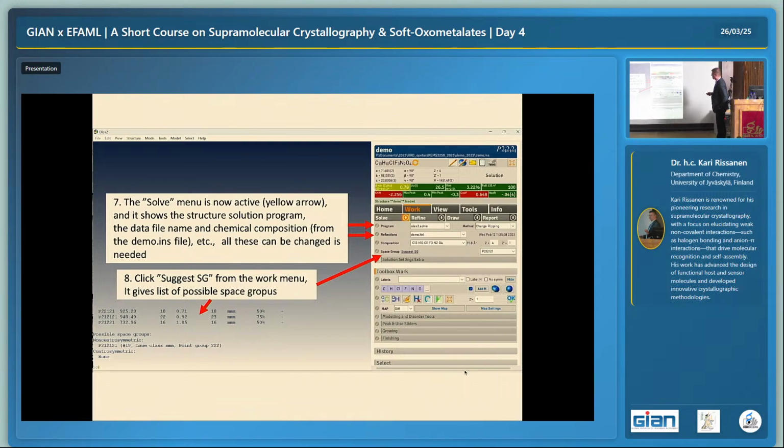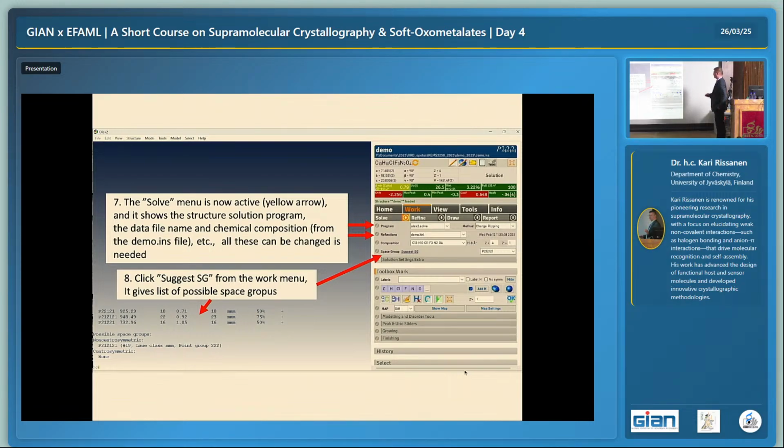And there is a very nice button here, suggest space group. So we click this, and it gives a listing of possible space groups down here. You can see here it says P212121, which was, by the way, the same as what the diffractometer program found. It was doing a very superficial check, but this reads the whole data.